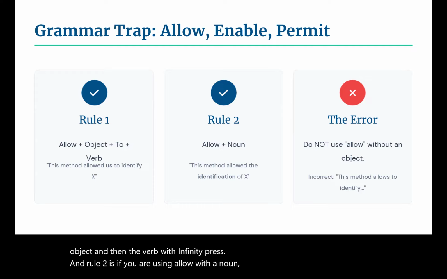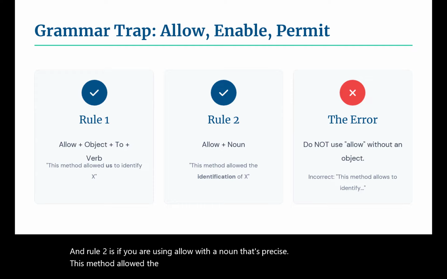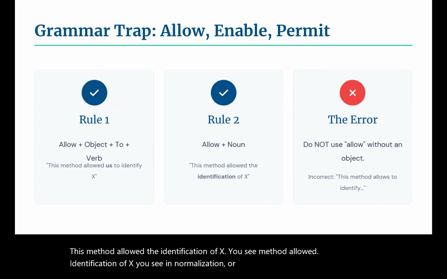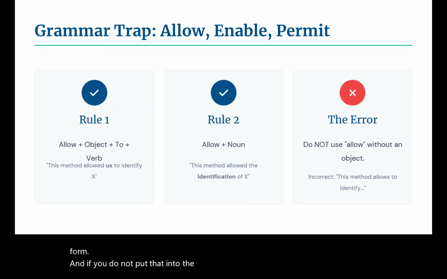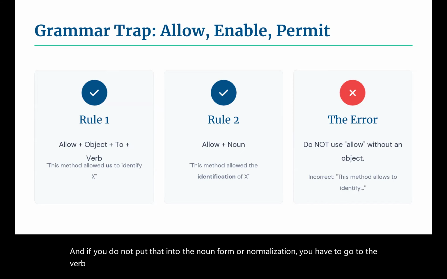This method allowed the identification of X. You see, method allowed identification of X. You see, nominalization, or rather identify is put into the noun form. And if you do not put that into the noun form, you have to go to the verb phrase form, which is with the infinitive, to identify.